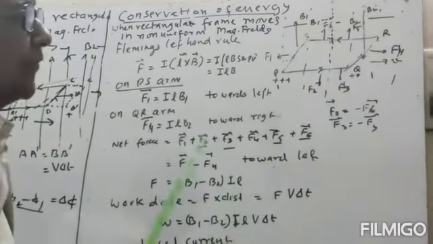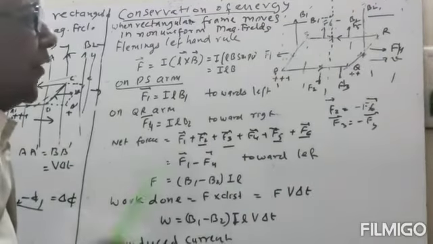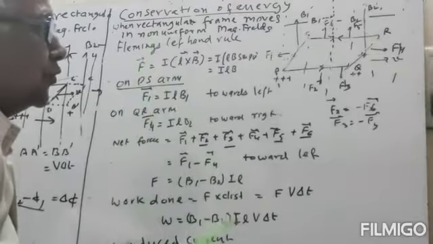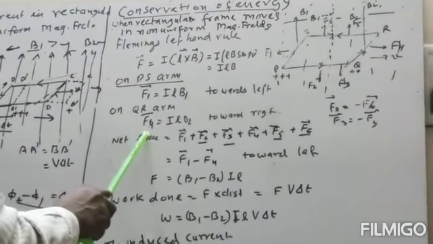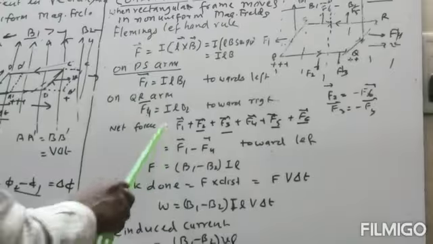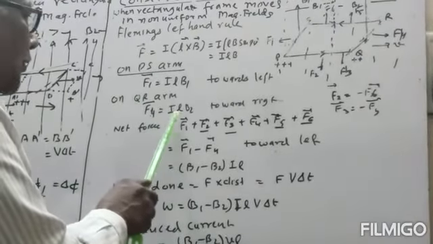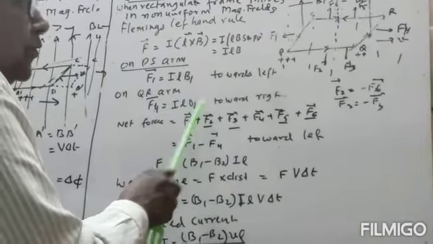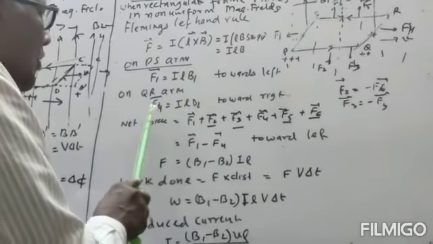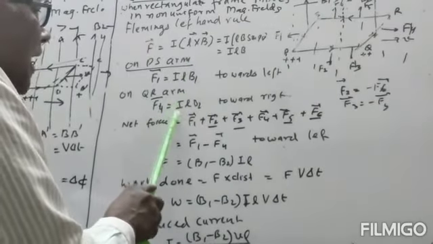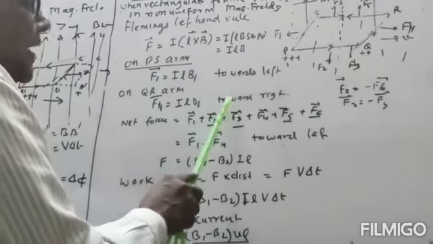Then by using Fleming's left hand rule, we consider the force on the QR branch to be F4, equal to I into L into B2, because here the magnetic field is B2, while here the magnetic field is B1. So F4 will be equal to I L B2 and it will be towards the right.